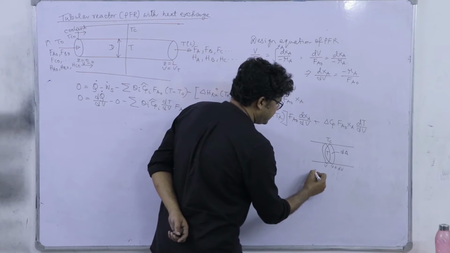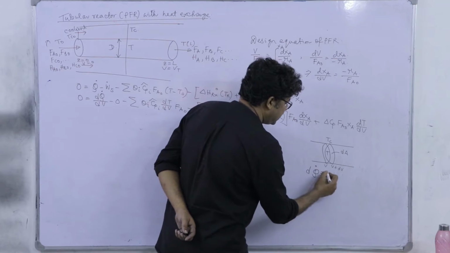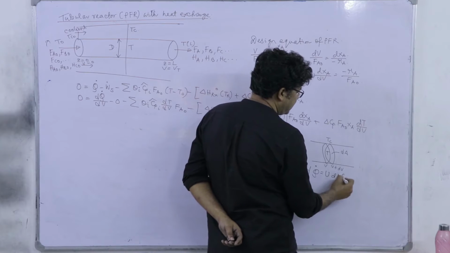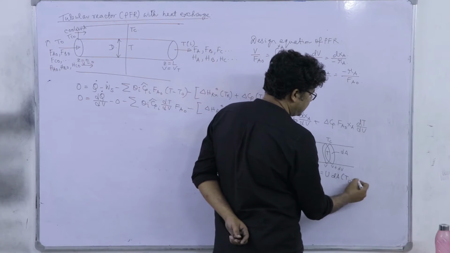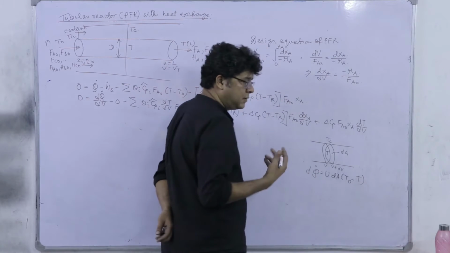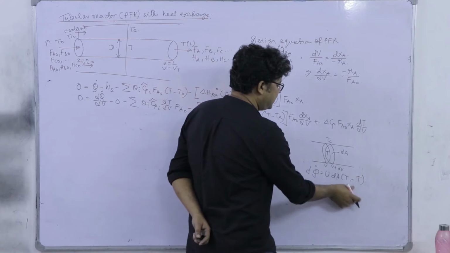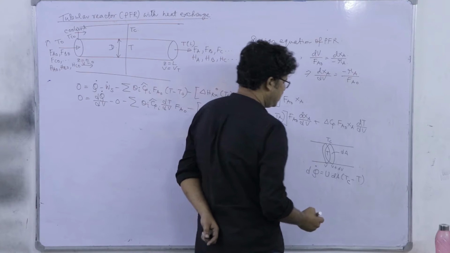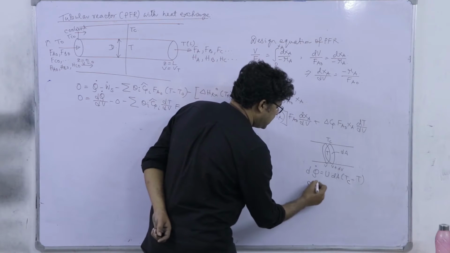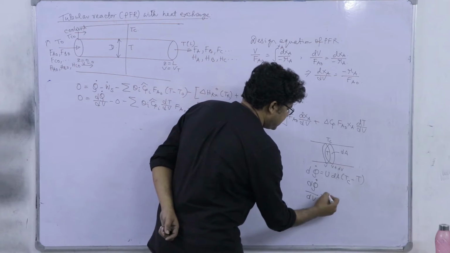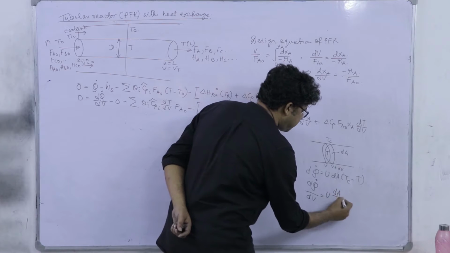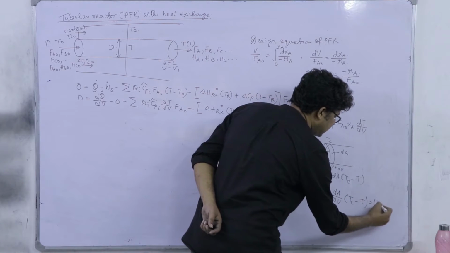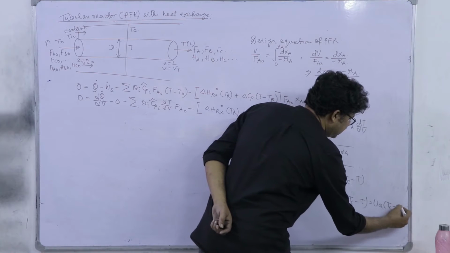So, dq dot is equal to U into dA into, since heat is given to the system, definitely not T naught, Tc minus T. So, dq dot dV is equal to U dA dV into Tc minus T, and let us write it U into a into Tc minus T.